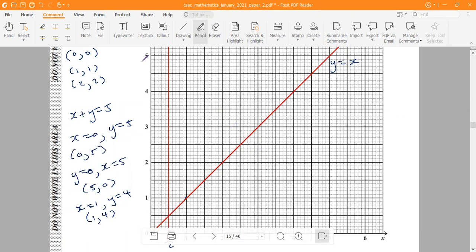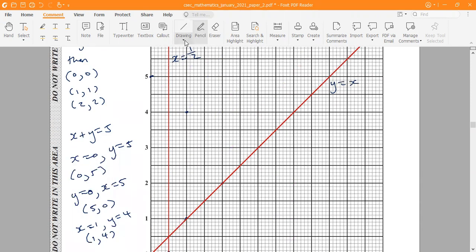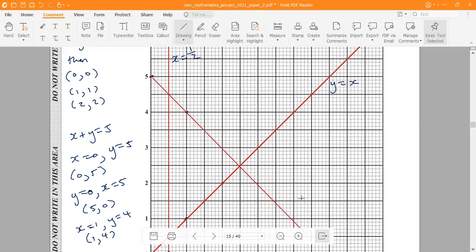We have 0, 5, 5, 0, and 1, 4. Those are 3 points, and then we draw a straight line going through these 3 points.